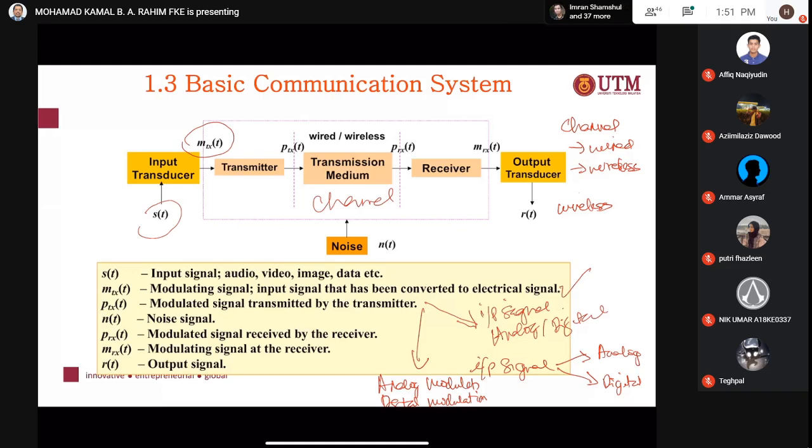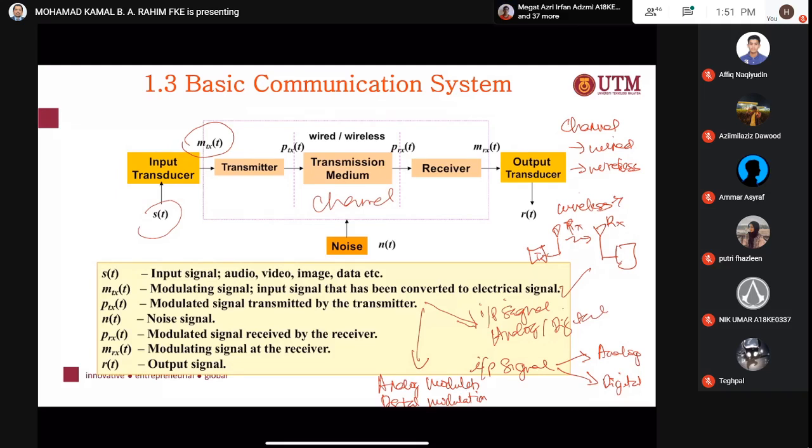So what does it mean? You need to have the antenna. This is your transmitter, and this is your receiver. The signal is propagated throughout free space. This is what we call wireless. Now you can see we have a lot of wireless applications, such as 3G, 4G, 5G, up to 5G now.